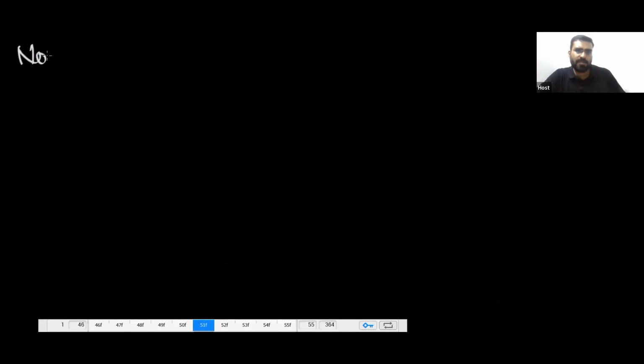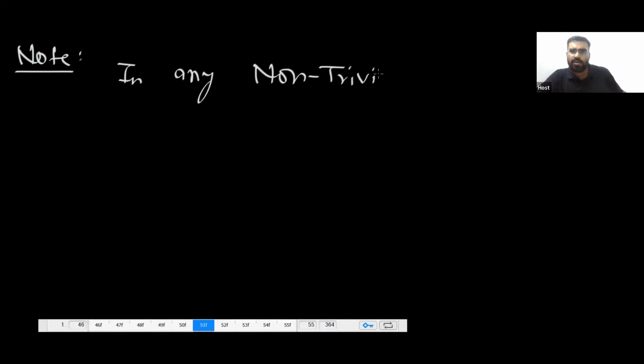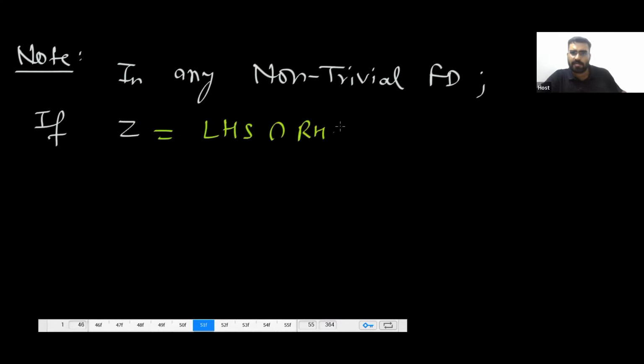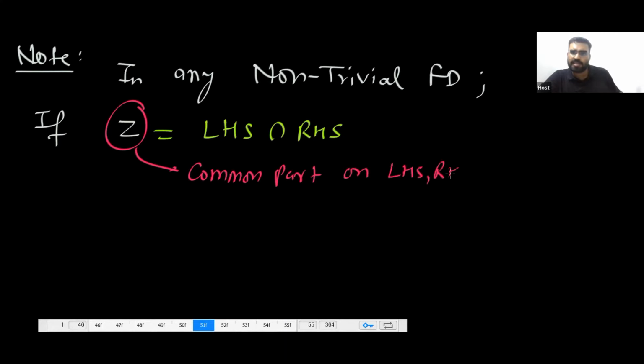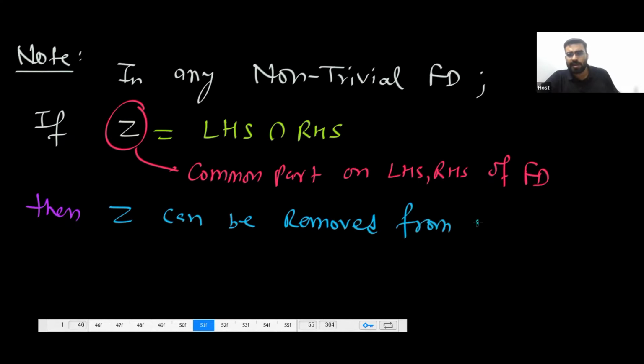Make this note: in any non-trivial functional dependency, if something is common, let's assume Z is equal to LHS intersection RHS, meaning Z is the common part on the LHS and RHS of the FD, then this common part can be removed from the RHS.